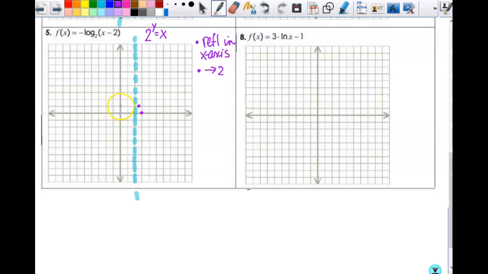When y is 1, x is 2, I reflect in the x-axis, and then I move to the right 2. I end up right there. So I have my 3 anchor points, one of which is the x-intercept, so I'm good to go ahead and draw it in. And there you go.